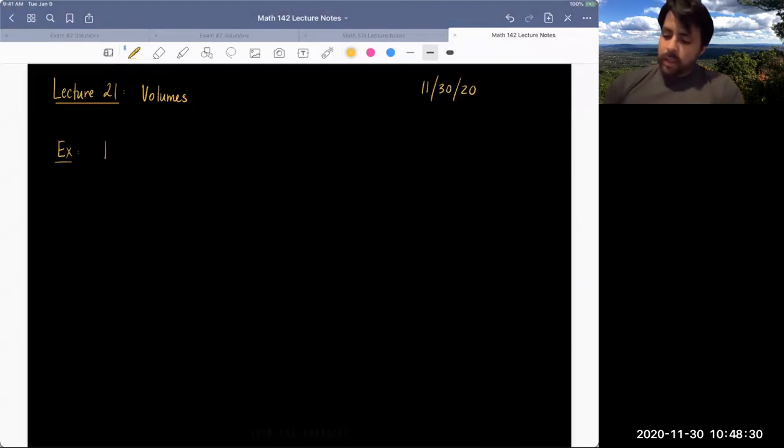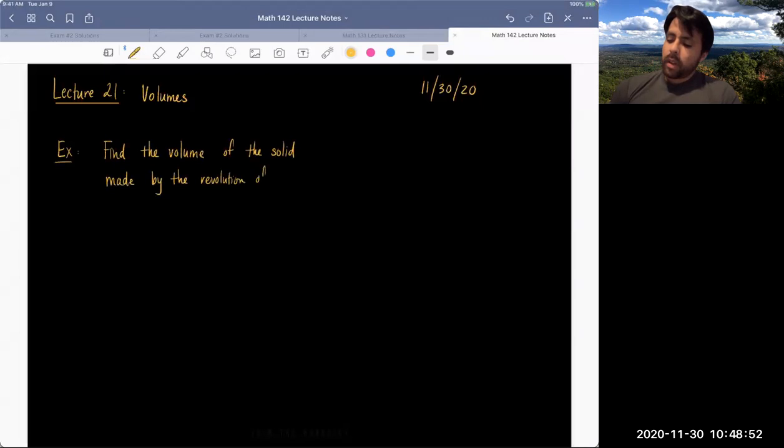So what if I want to find the volume of the solid made by the revolution of the region by the following: y is equal to 2 minus 1 half x.